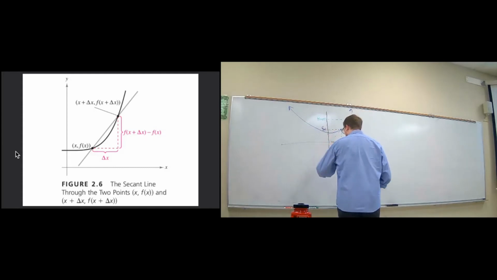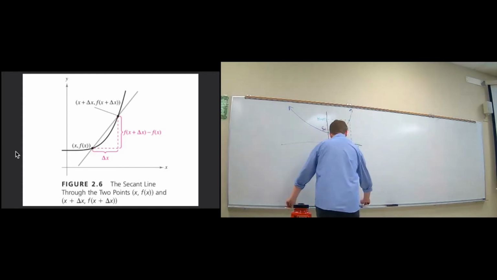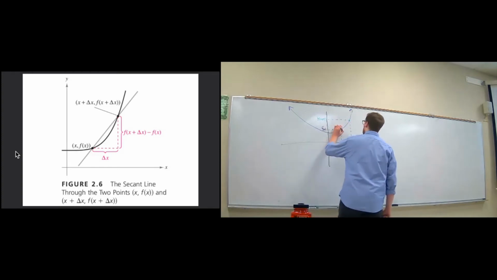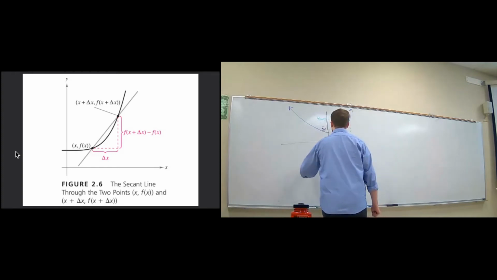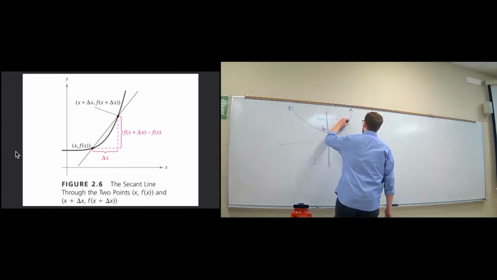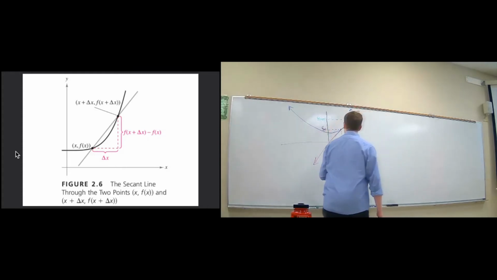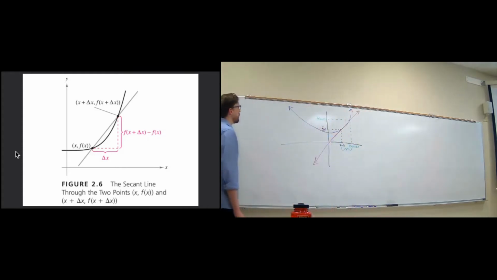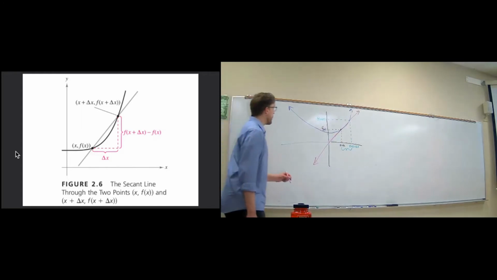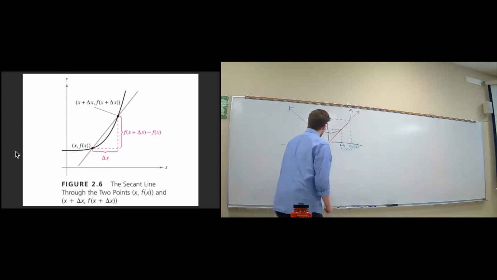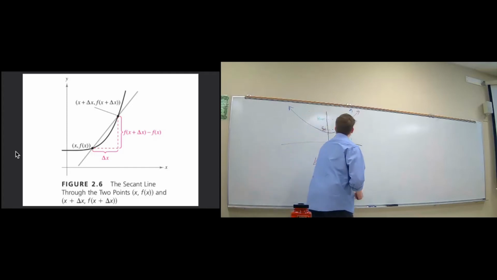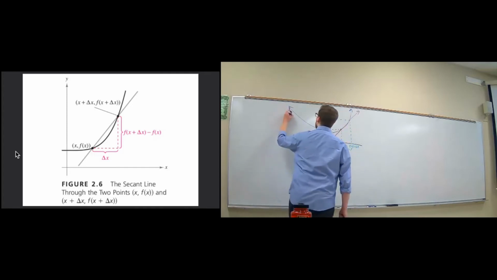Let me choose red. Now we know the secant line. Let me label this as our function f of x.